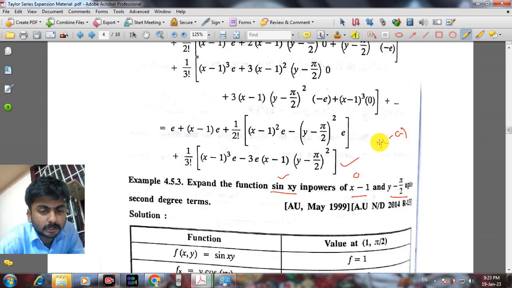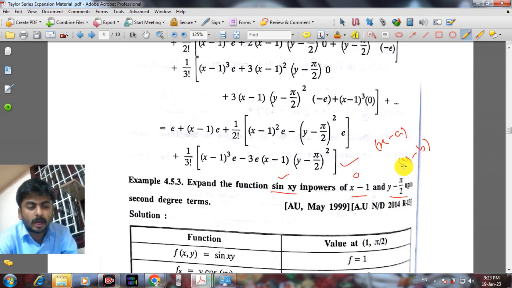So the question will be sometimes like this also, about the points x minus a and about the points y minus b. The only thing is that you have to consider points which is not having x and y. It should be like h and k. The points h and k resemble x minus a and y minus b.